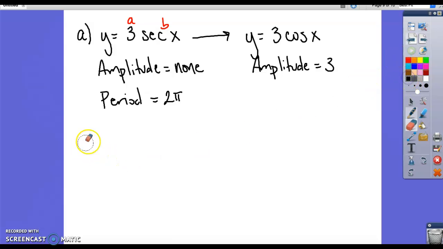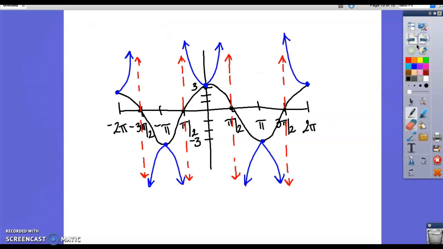Okay, if I look at where my asymptotes are here, if we need to write the equations of our asymptotes, right, they're all vertical lines, they're all vertical asymptotes.